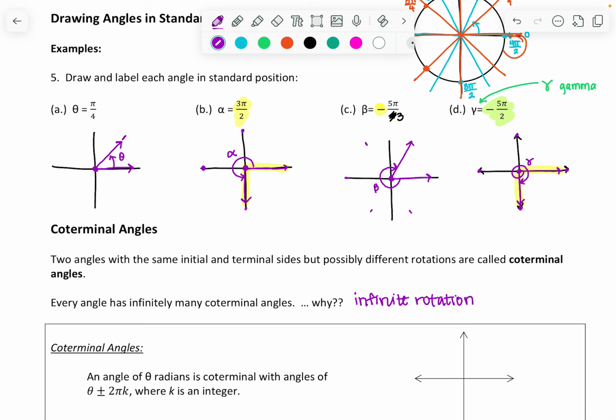And so no matter how many times I rotate, I could rotate to pi over 2 and then do a full rotation and land back at the exact same spot. We're just spinning around. And so you can have infinite definitions for the same location of that terminal side.